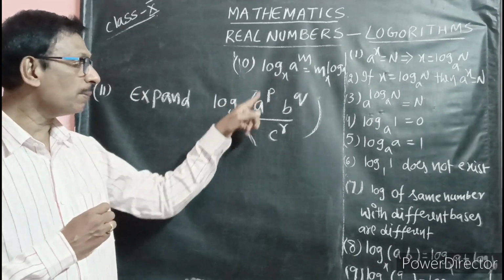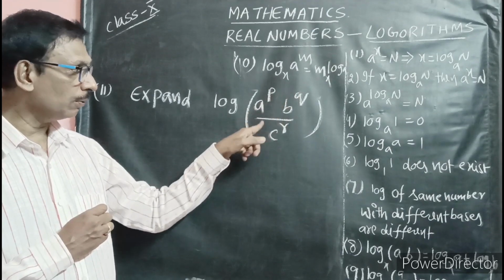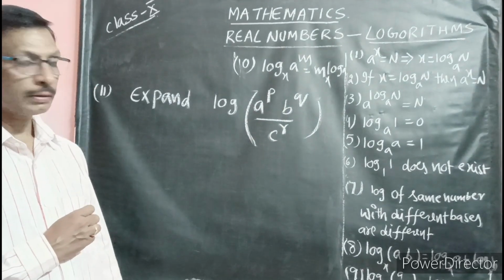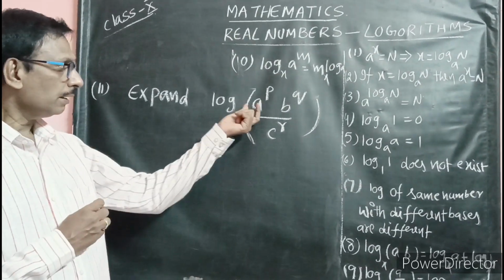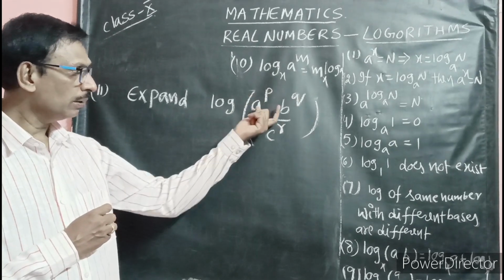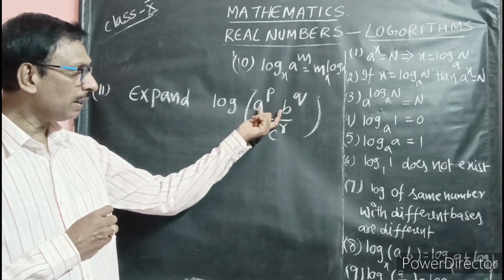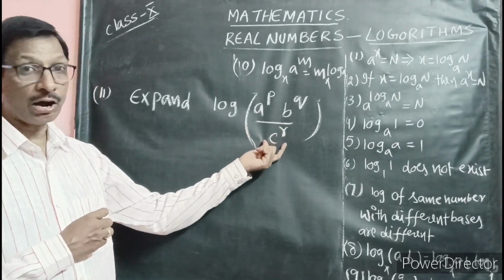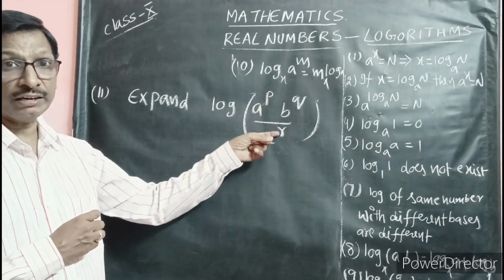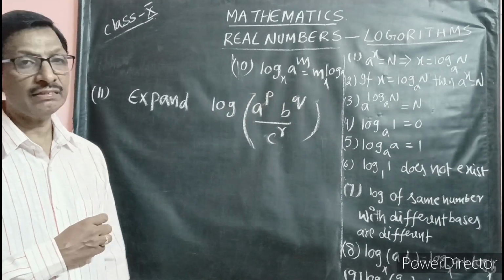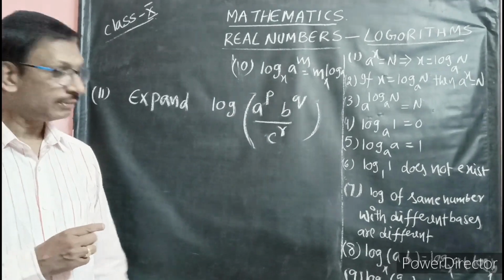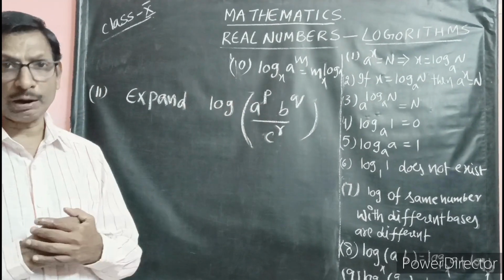Now log a power p, b power q by c power r. Observe that a power p into b power q, these are all logarithm of products. A power p into b power q by c power r, this is quotient of logarithm. But every number is in the form of a power. That's why these 3 laws are connected to this problem.